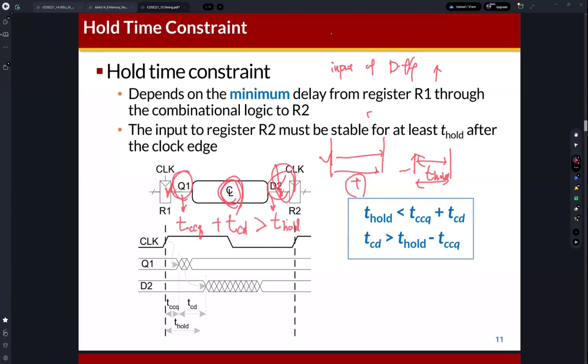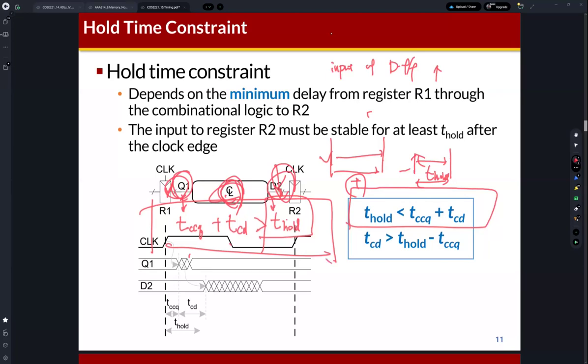So when we consider the hold time constraint of this D flip-flop, TCCQ is the minimum delay of Q1, and TCD is the minimum delay of this combinational logic. The sum of TCCQ and TCD needs to be larger than the T hold. So this is the hold time constraint.